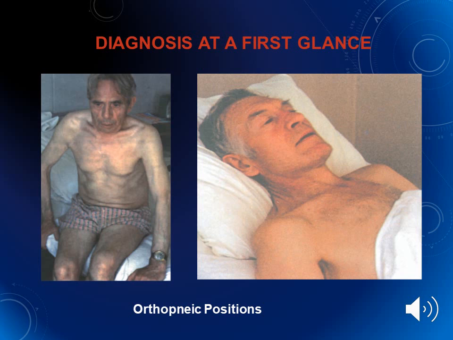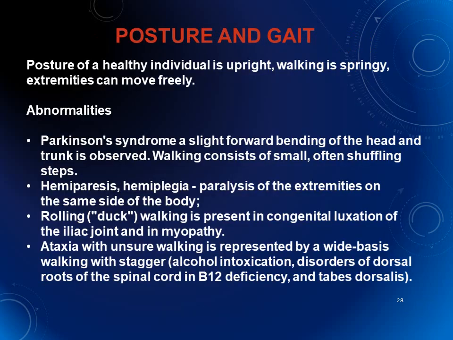Here are two patients with orthopneic position: the first patient with bronchial asthma and the second patient with acute myocardial infarction and, because of this, acute left ventricular failure. These two positions are so typical for their diseases that it is possible to diagnose the disease at first glance.